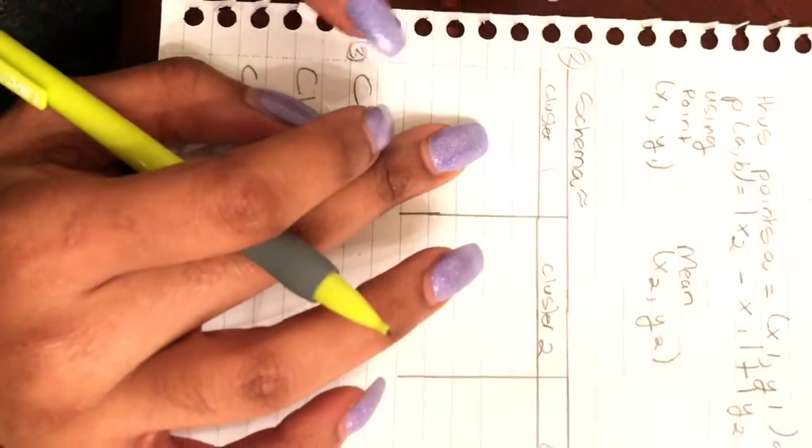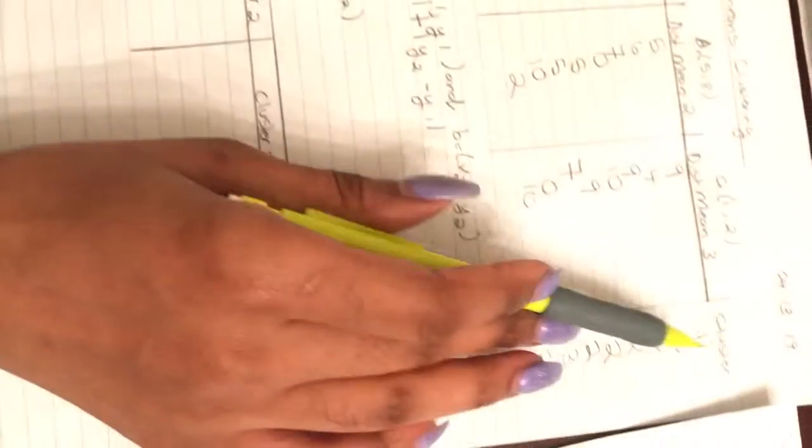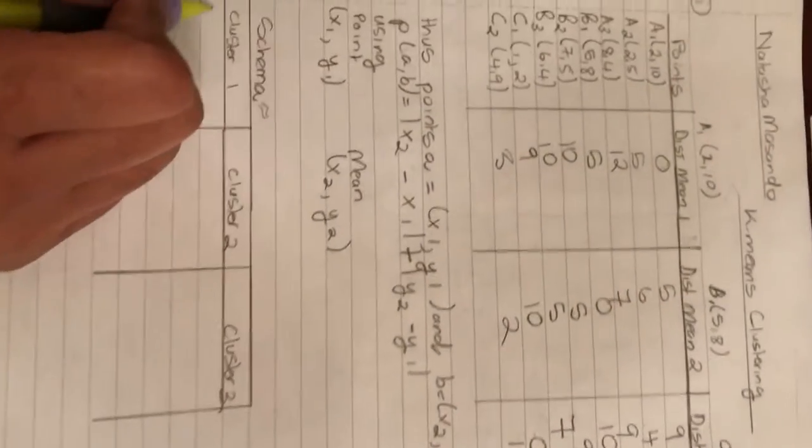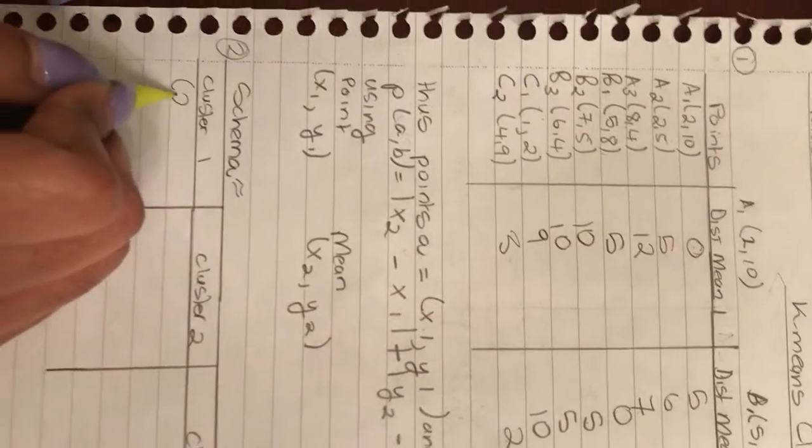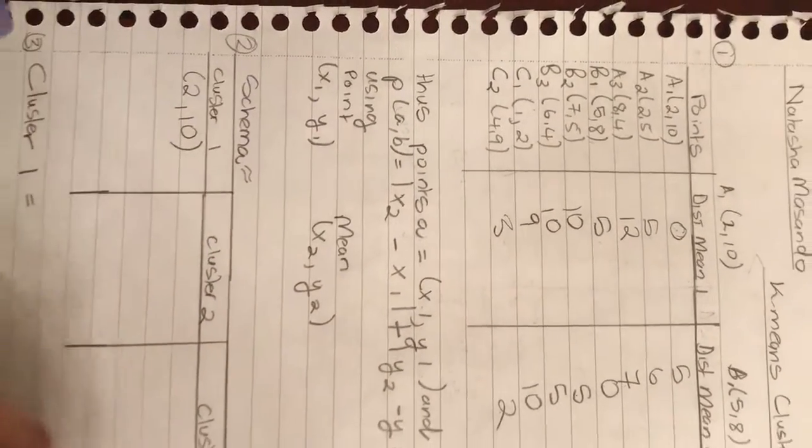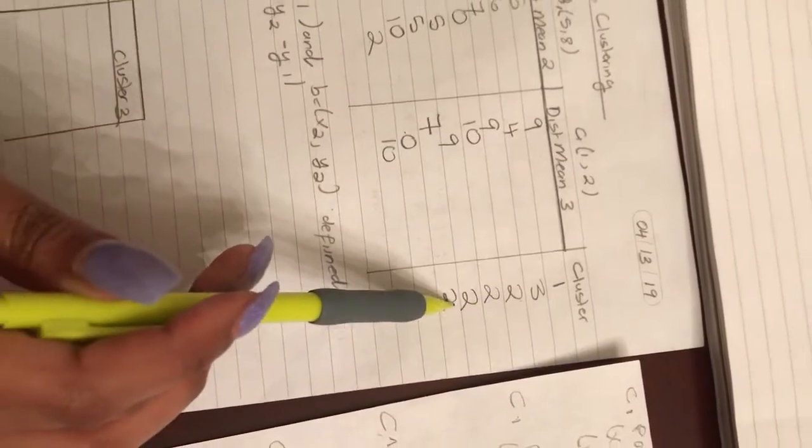So these clusters, we then apply them to the schema. So the schema is where we're going to write down all the new points that belong to each cluster. So if we look at cluster 1, we see that we only have point 2.10, so we put 2.10 here. And then we look at cluster 2, we have 1, 2, 3, 4.